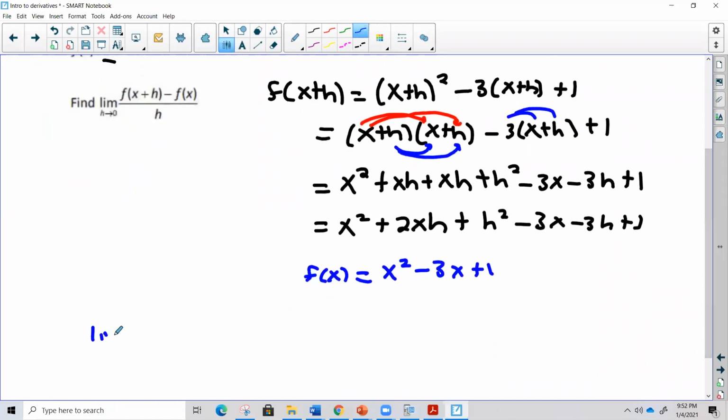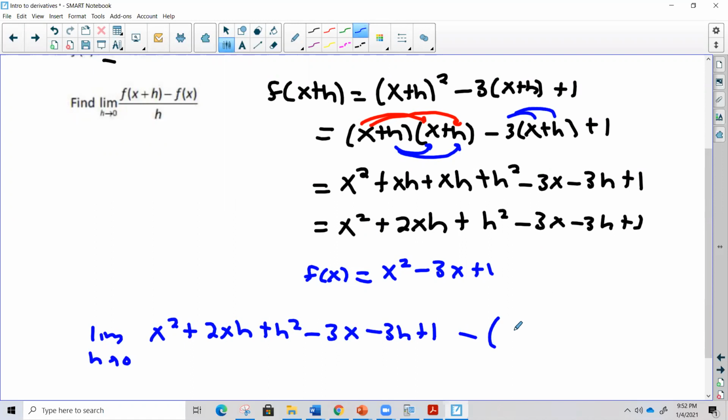So when I do my limit as h approaches 0, I'm going to put what I got for f of x plus h simplified. So x squared plus 2xh plus h squared minus 3x minus 3h plus 1 minus, and I'm going to put this all in parentheses because I'm subtracting all three of these terms.